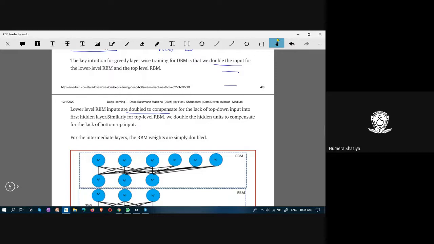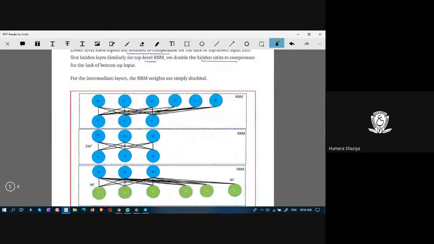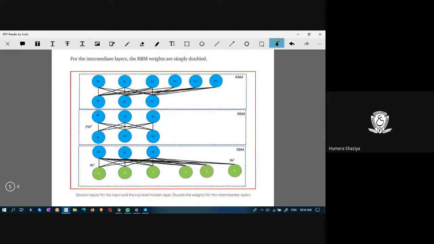And similarly, the top level RBM hidden units are doubled. Here you see these are the visible nodes. These are the hidden nodes. These are hidden layers. This is the visible layer.